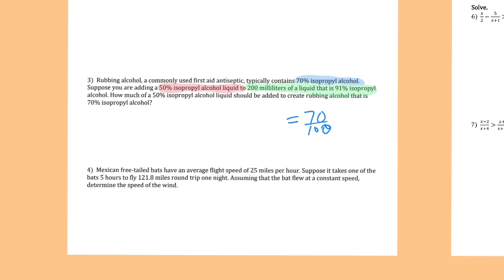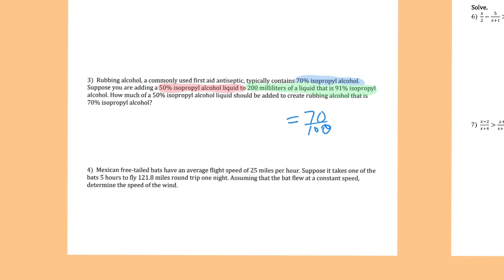Okay, so you're going to add those two, the one that's too strong and the one that is too weak, together so that you can have a 70% solution. That's our goal.